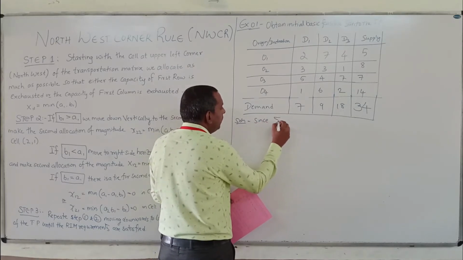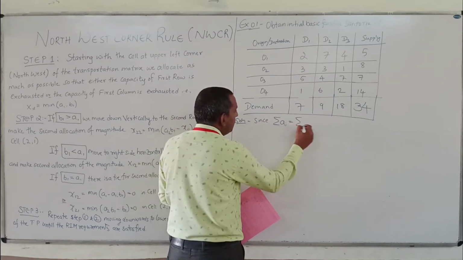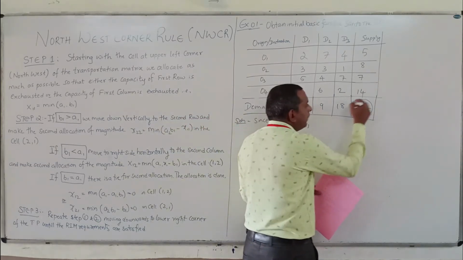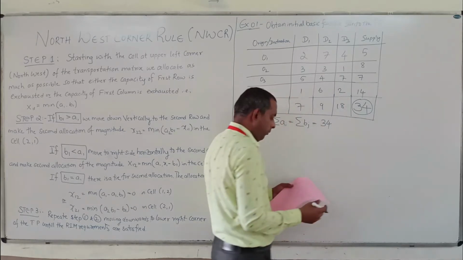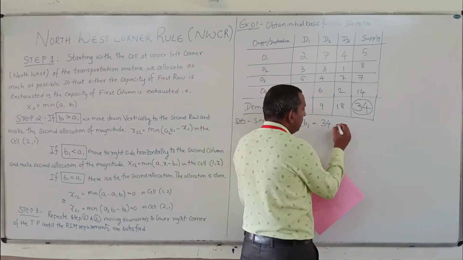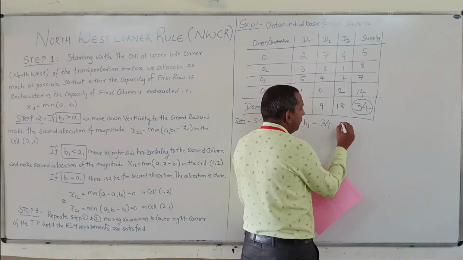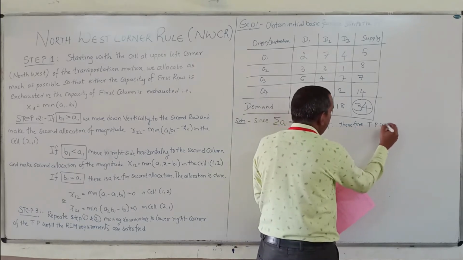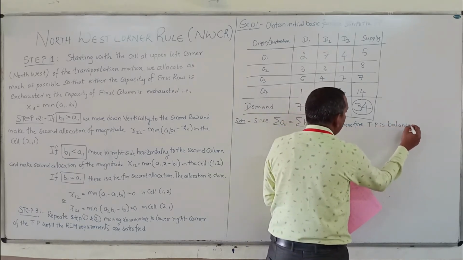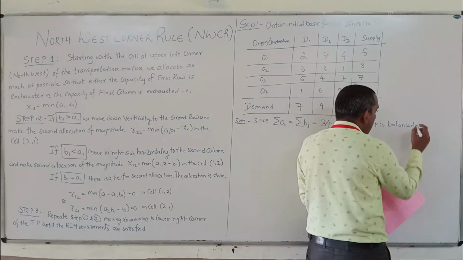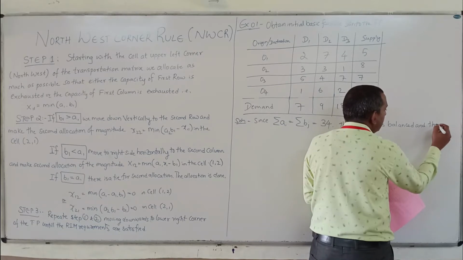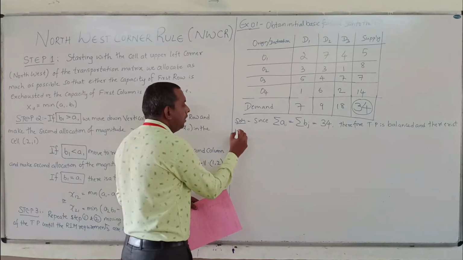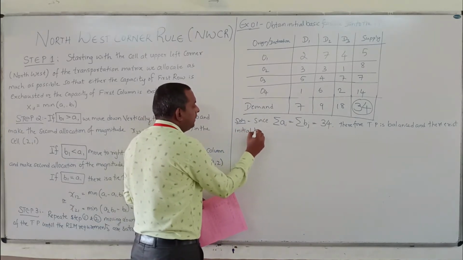Since summation Ai is equal to summation Bj, that is equal to 34, therefore the TP is balanced and there exists an initial basic feasible solution.